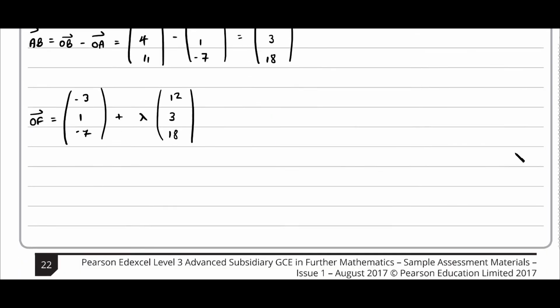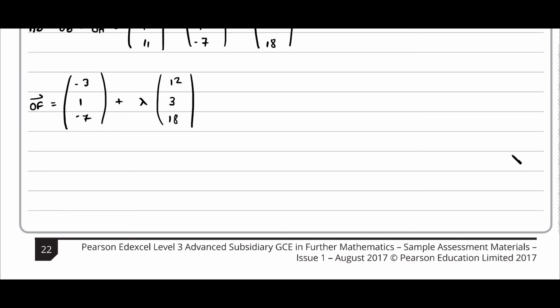And since the vector AB and the vector OF are perpendicular, we can say that the vector AB dot product with the vector OF equals 0.